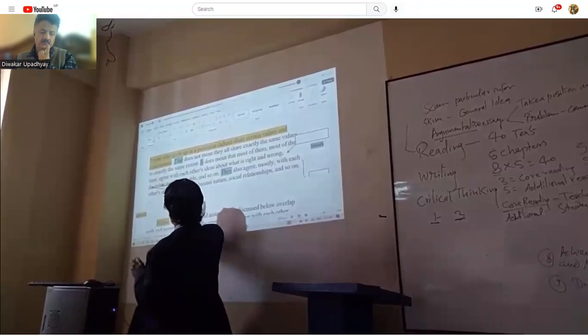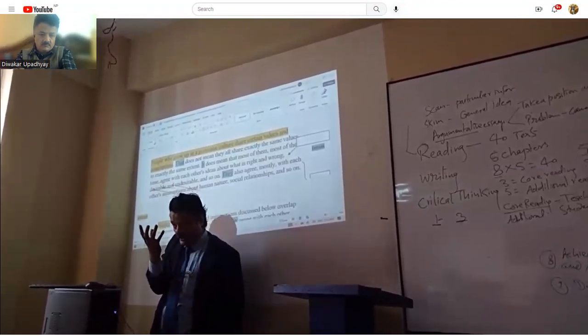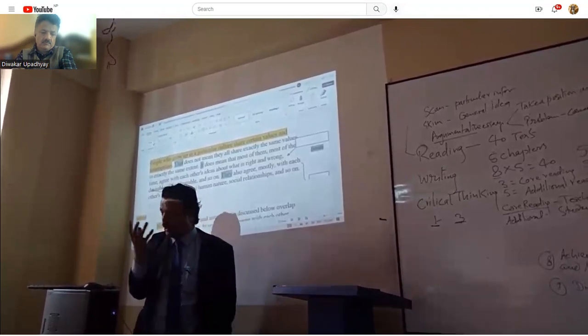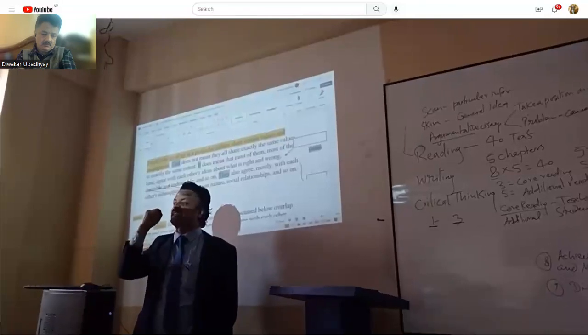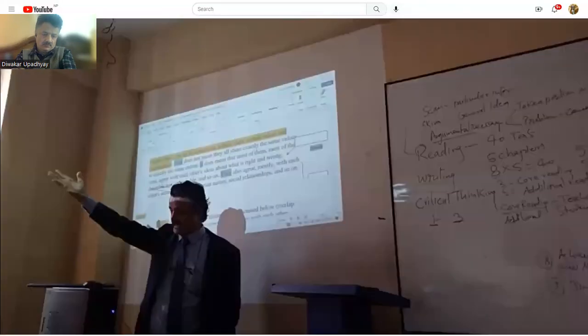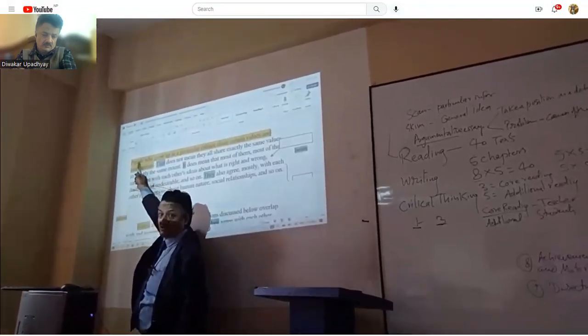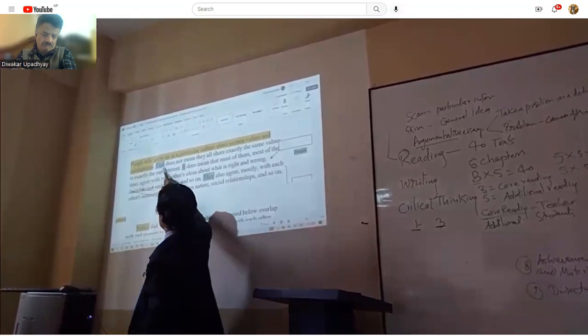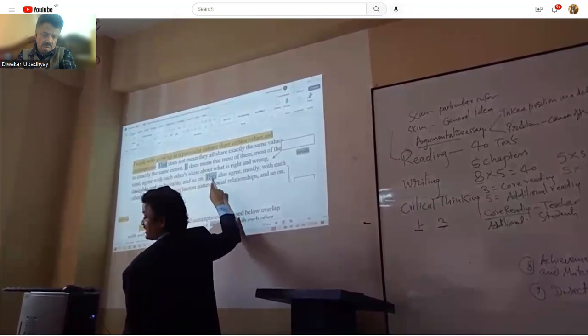So, do you see, the writer has created unity and coherence among these 4 sentences in the paragraph. How? By using the technique of pronoun reference. First he uses people, then he uses that, then he uses it, then he uses they.